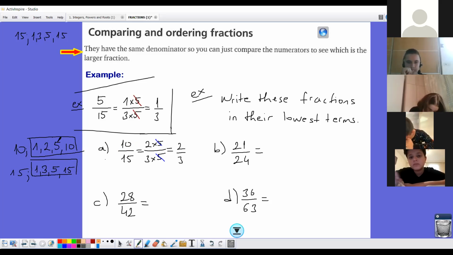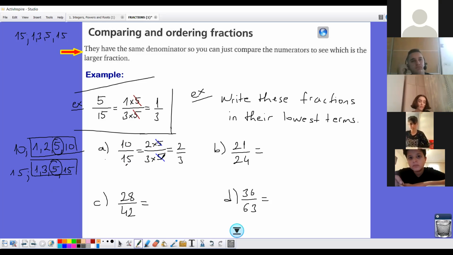I'm trying to find the common one to simplify it. 5 is common here and 5 is common in the 15. We have 5 in both of them. So I'm trying to get 10 with the number multiplying with a 5. So 2 times 5 is 10, 3 times 5 is 15.